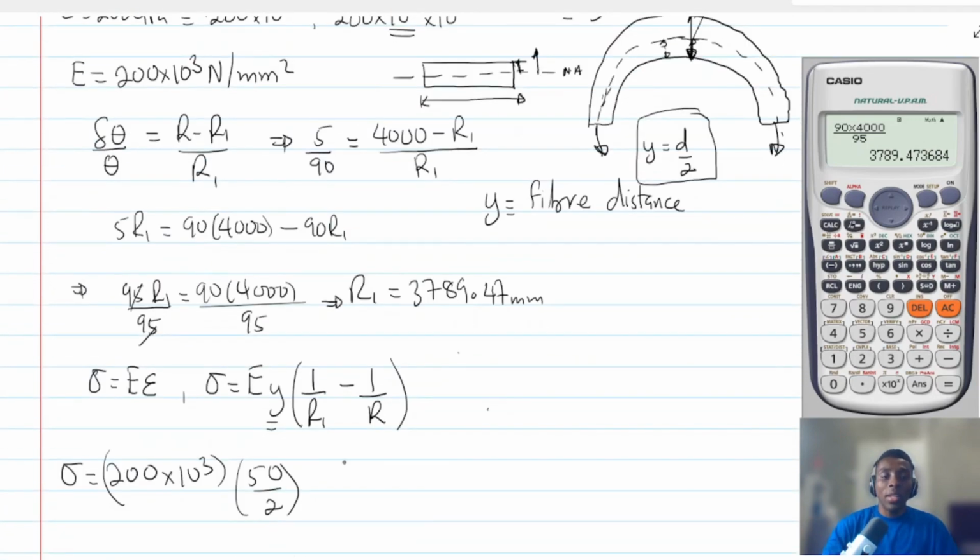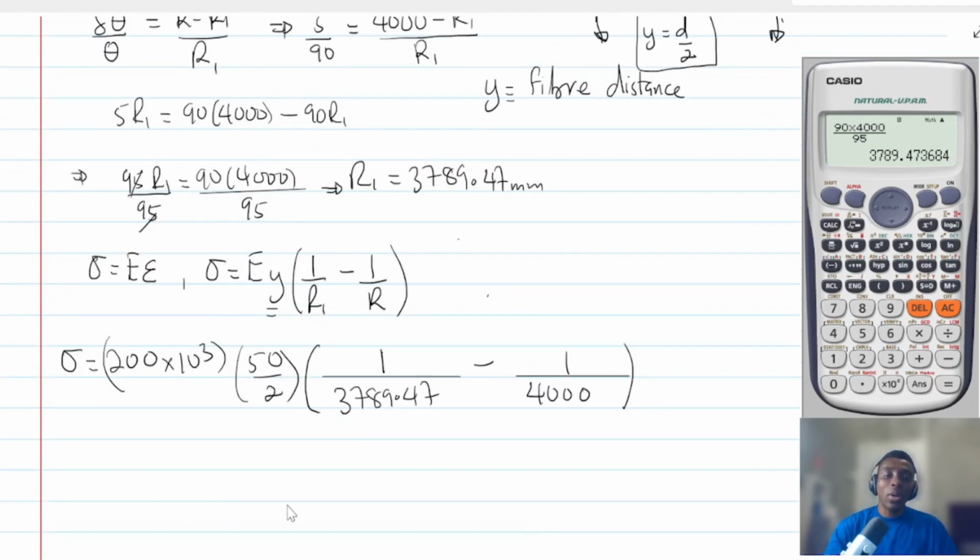And then 1 divided by the new radius, which is 3789.47, minus 1 over the original, which is 4,000. So this question is actually simple and straightforward, but you have to understand the fiber distance.